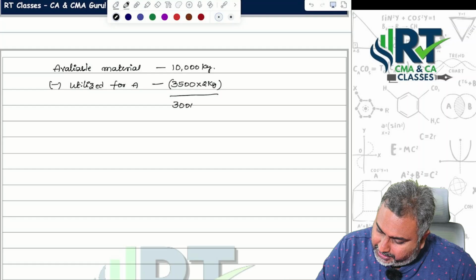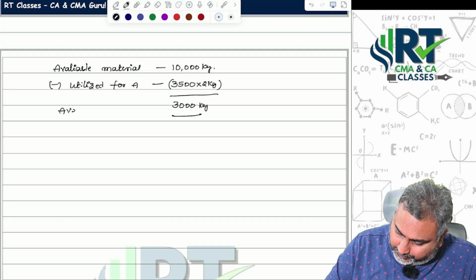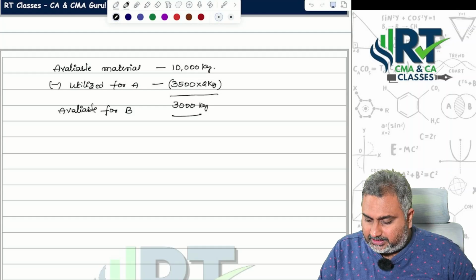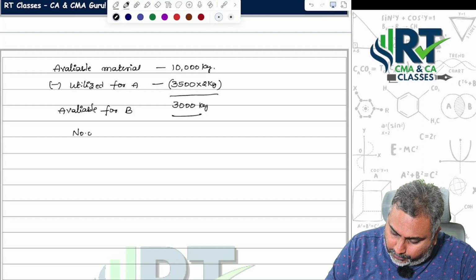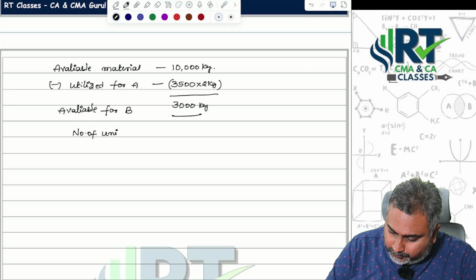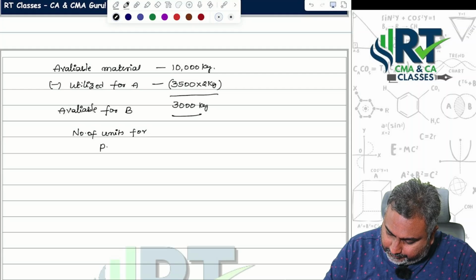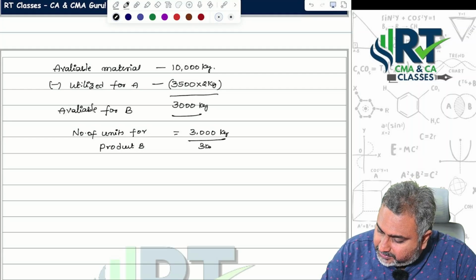How many kgs are available for B? 3,000 kgs available for product B. But how many units can you make? Number of units for B, each unit requires 3 kgs.